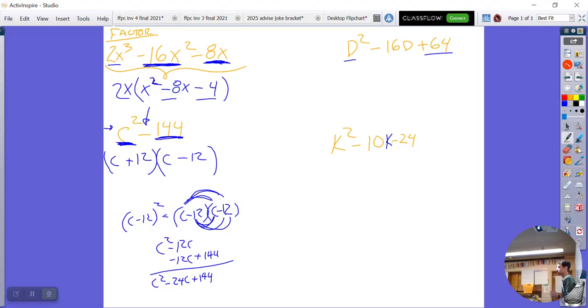First, you can ask yourself, what times what is 64 that adds to 16? 8. So we would have D, what do we have, plus or minus? It does matter. Minus because our linear term is negative. So now we have two of the same terms.